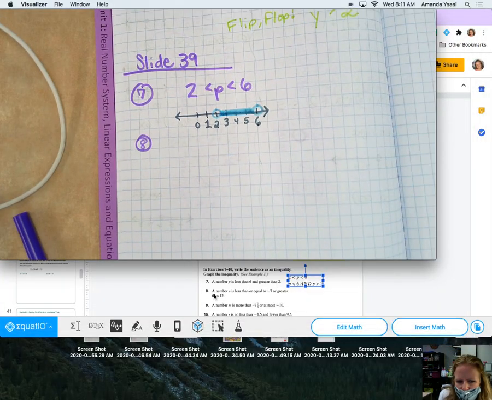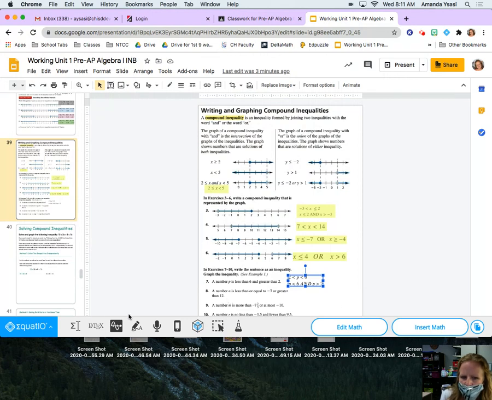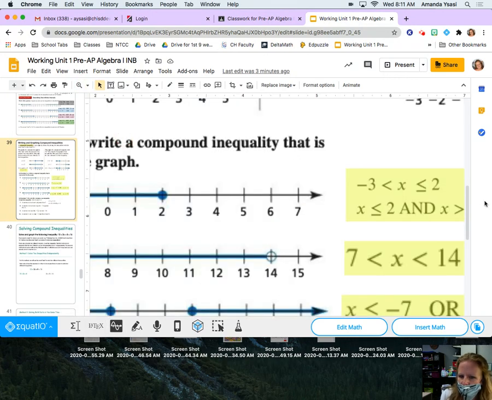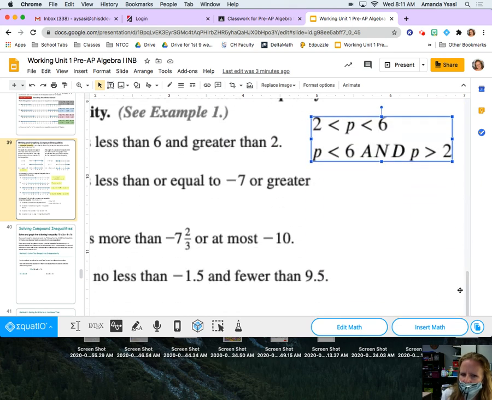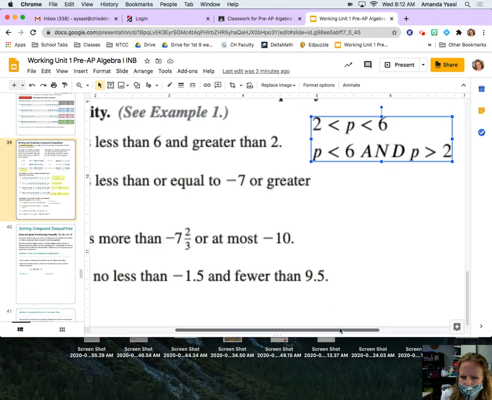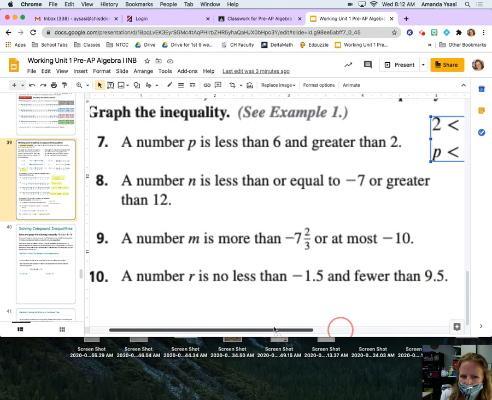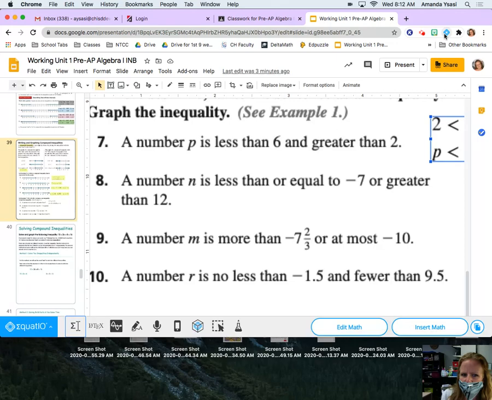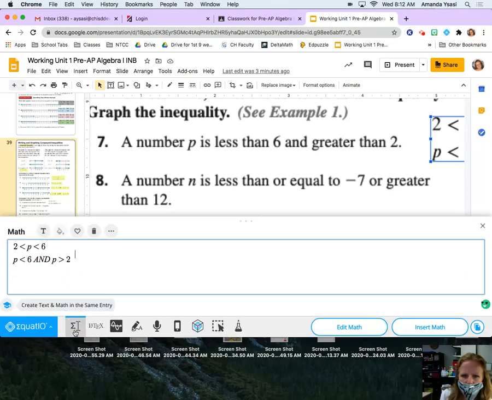Okay, let's do the next one. A number n is less than or equal to -7 or greater than 12. So since it's an or compound inequality, it means they're going opposite directions. So we'll have two different inequalities.